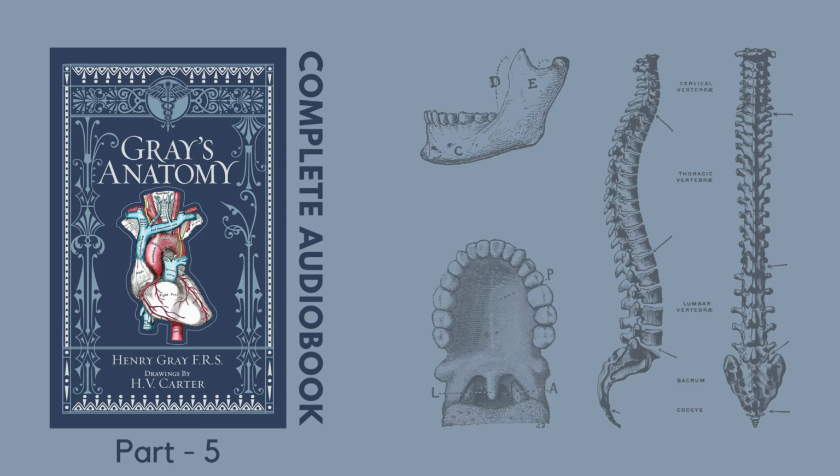The posterior costotransverse ligament is a feeble band which is attached below to the neck of the rib and passes upward and medialward to the base of the transverse process and lateral border of the inferior articular process of the vertebra above. The ligament of the neck of the rib, ligamentum colli costi, middle costotransverse, or interosseous ligament.